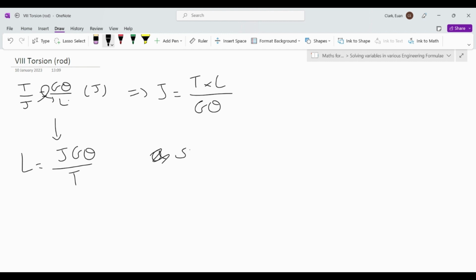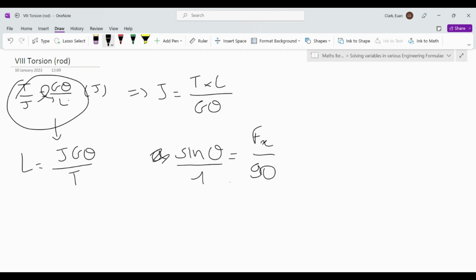If you have sine theta is equal to fx over 90, you might think that this doesn't look the same as this because you don't have two fractions, but in fact sine theta you can imagine as if it's over 1. So if you were looking for fx, for example, you would just go across, so 90 sine theta divided by 1, which is just 90 sine theta equals fx. Anyway, hopefully that was useful.